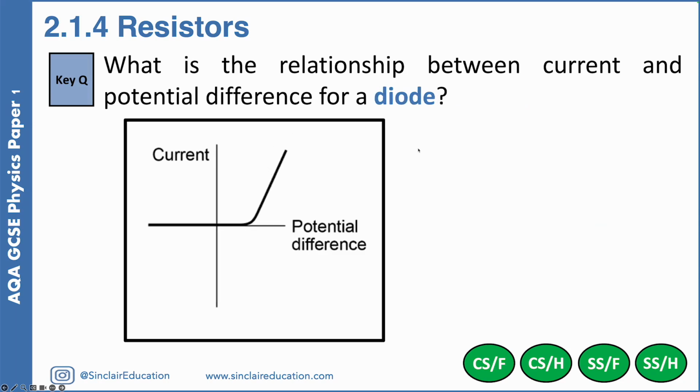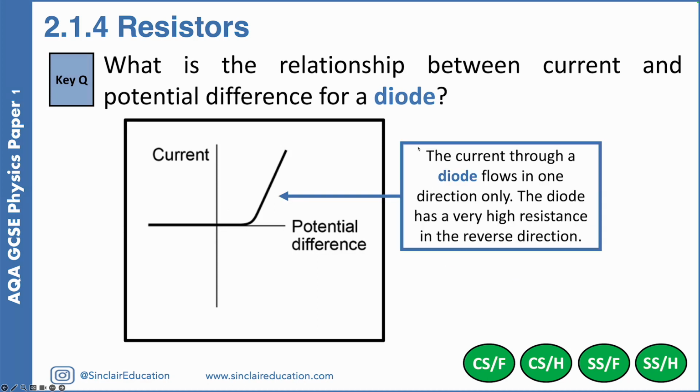Our last one is a diode, which looks completely different to the rest. Now with a diode, it only allows current to flow through in one direction. And the reason behind this is that in the reverse direction, the resistance is so high, the current just cannot flow. So notice with the negative potential differences, we have no current.